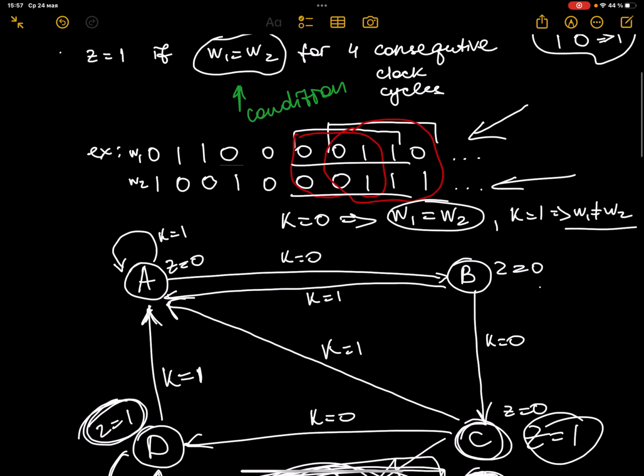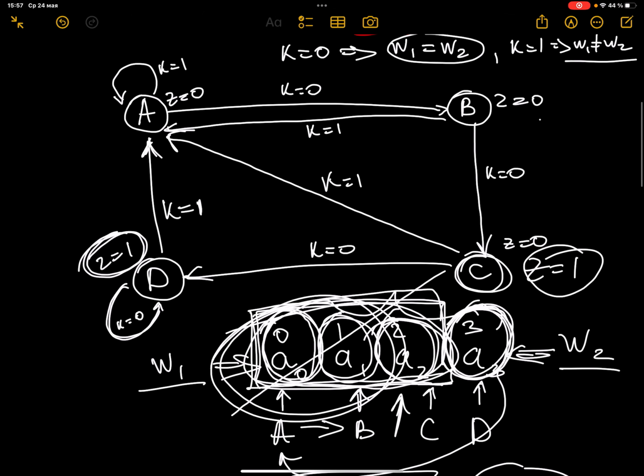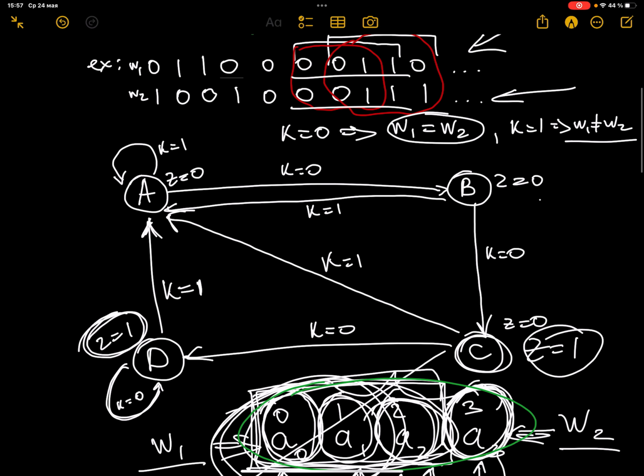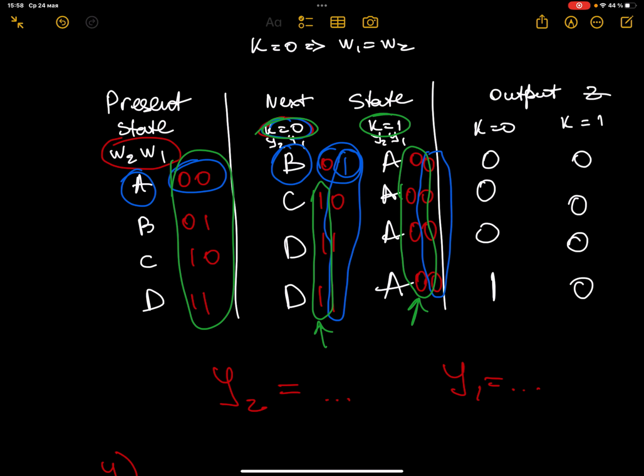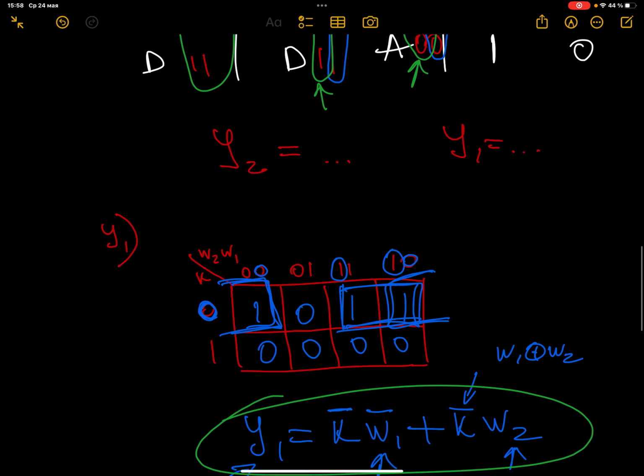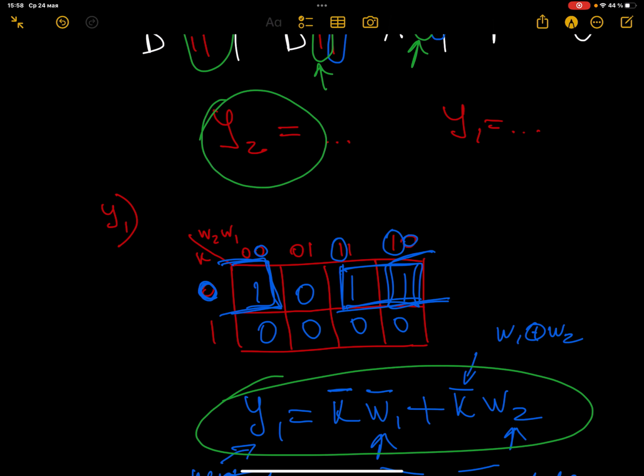What does it mean? 4 states, and for each bit we allocated states. We analyzed, for a particular input, which state we are going to go to. For example, at state A, if K is 0, that means W1 and W2 are the same, we're going to go to the B state, and so on. We built a state table and indexed our states, which is really important. Indexing is important to build the Karnaugh map, and then in the Karnaugh map we found the expressions for the next states, big Y2 and big Y1.